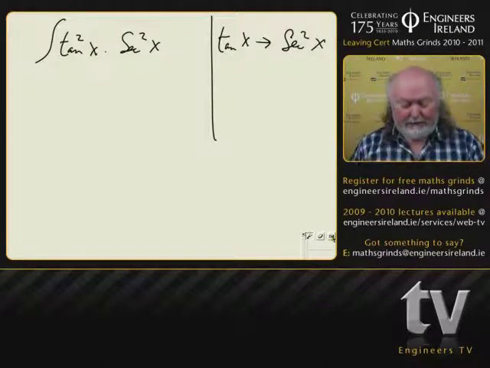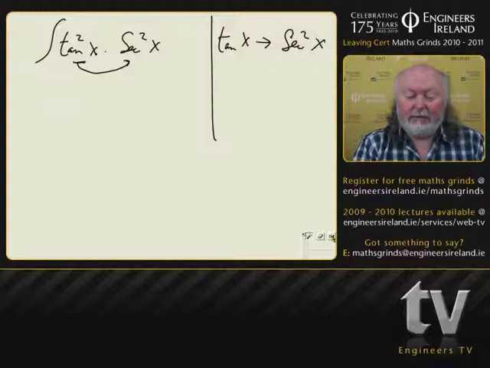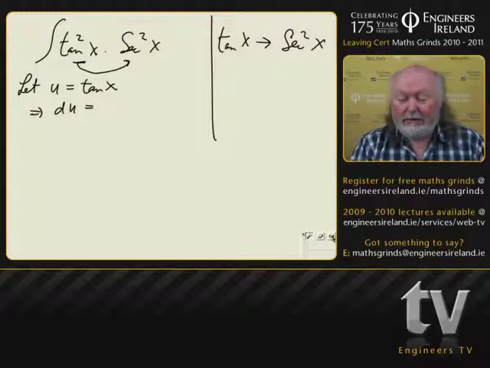So it makes it easy for us to figure it out. If that's the case, we've a path between this one and that one. So let u equal tan x. That implies du is equal to sec squared x dx.